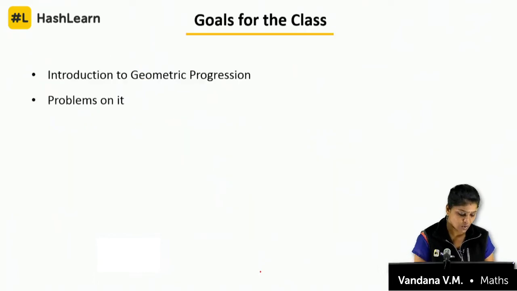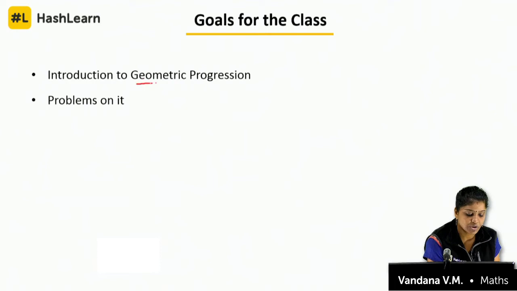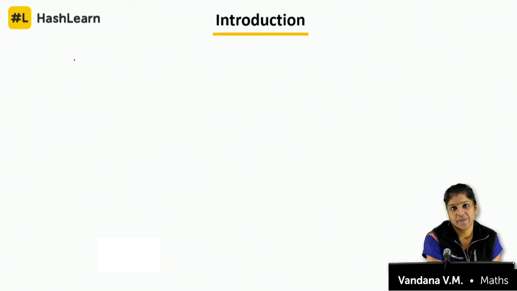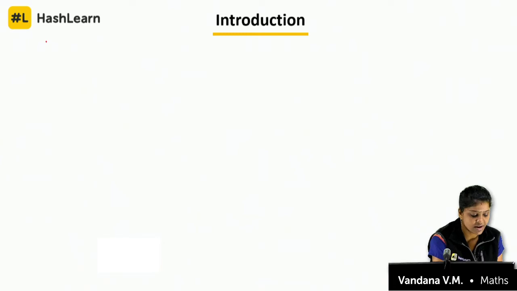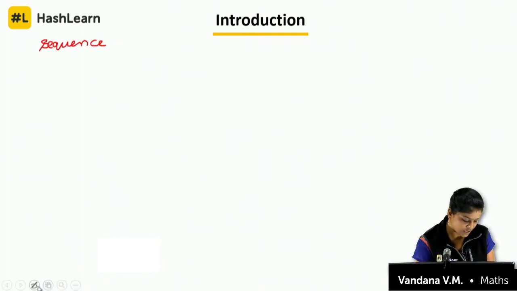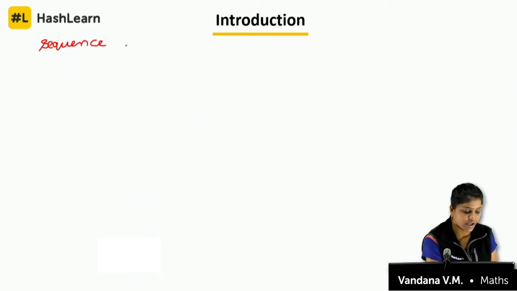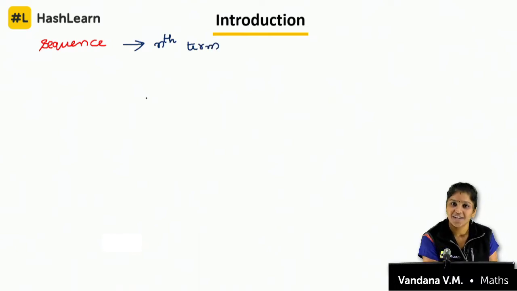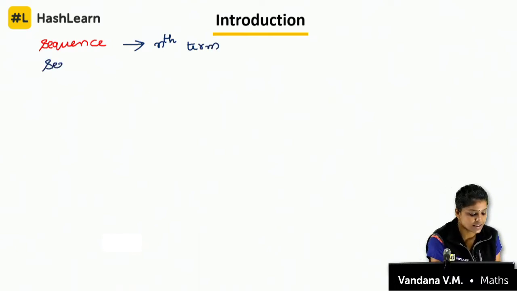Now today our goals are introduction to geometric progression, and we are going to do some problems on it. What is geometric progression? What is actually a sequence? Sequence means which follows some pattern where you can find out the nth term. What is series?